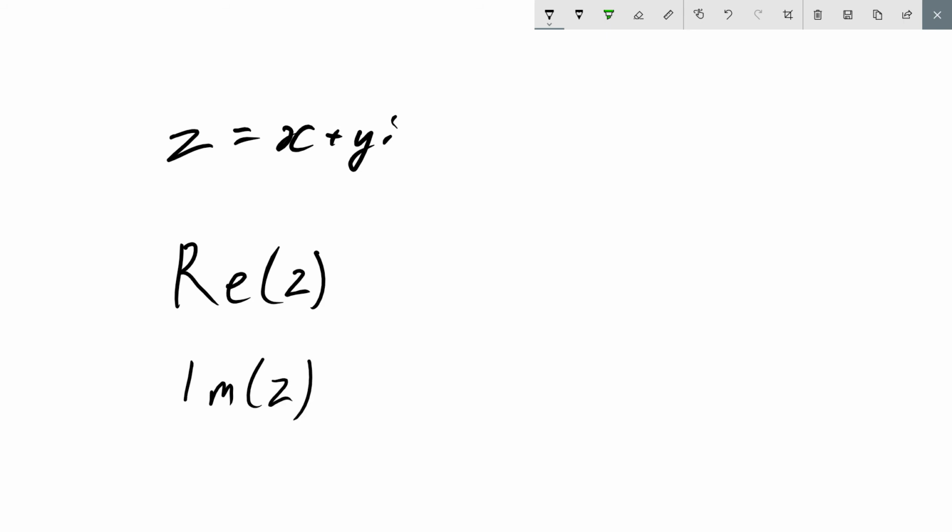And we can use this later on to graph, but the real part of z is always referring to x, and the imaginary part of z is always referring to y. So the real part is of course referring to any number on the actual number line, and the imaginary part is looking at the part that's imaginary, in this case yi, but we're looking at how many i rather than the entire term.